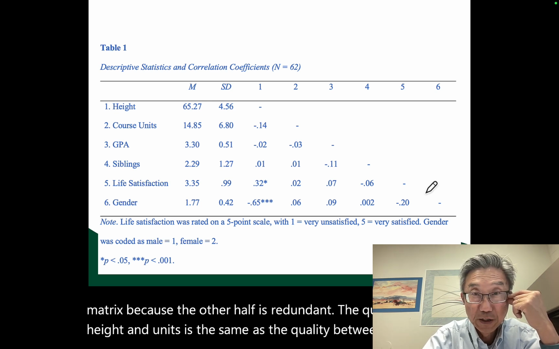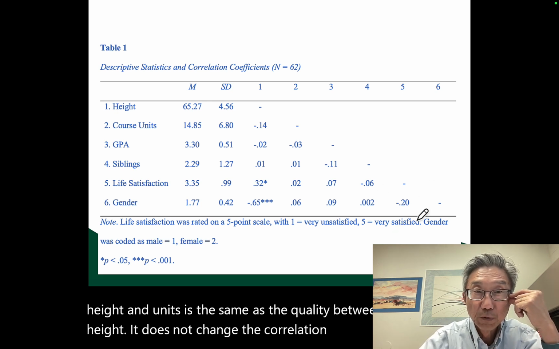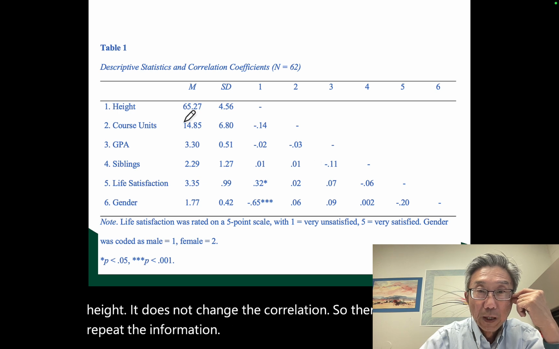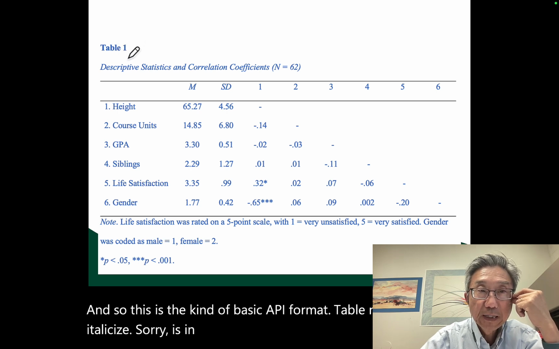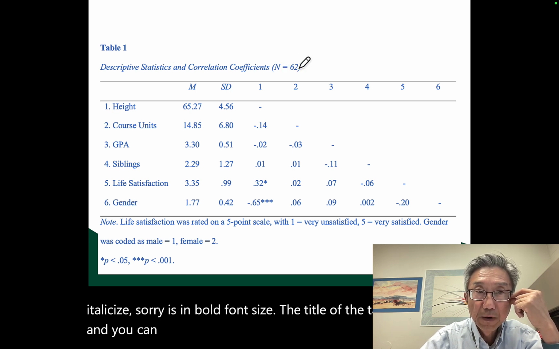It does not change the correlation. So there's no need to repeat the information. And so this is the basic APA format. The table number is in bold, the title of the table is italicized, and you can report the sample size here.